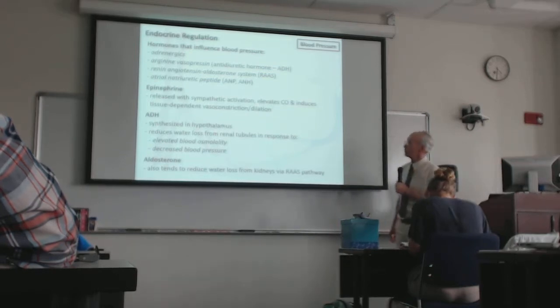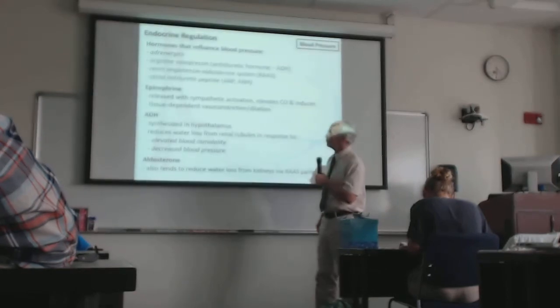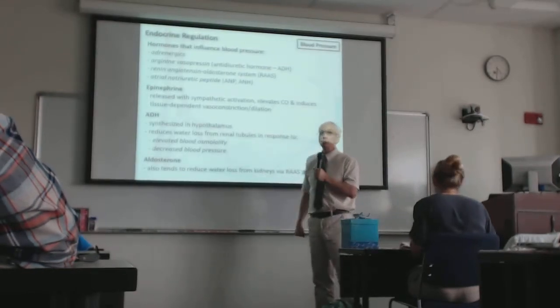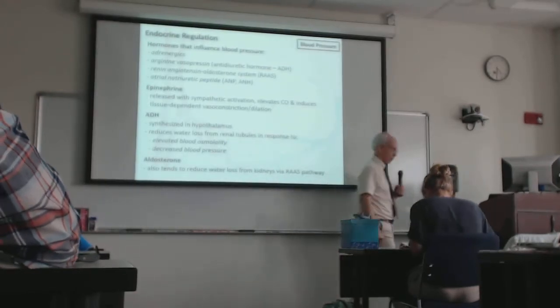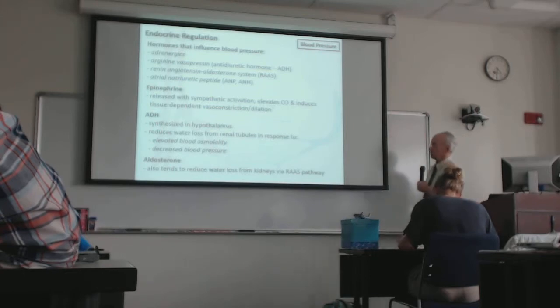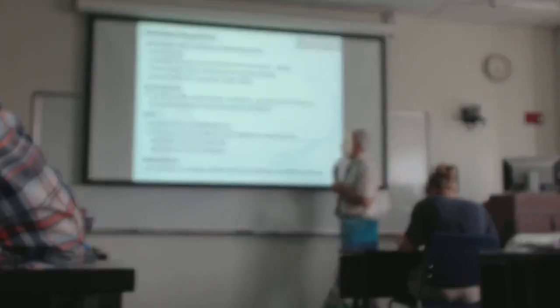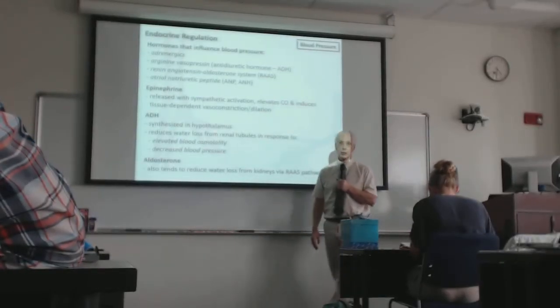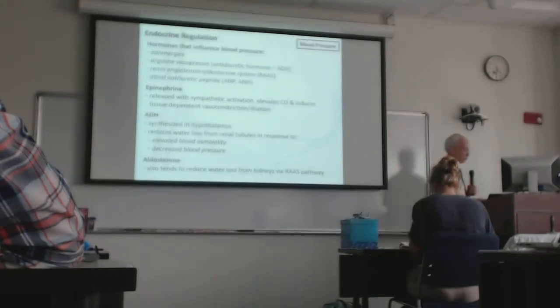I think this was a question on your test with respect to the ability of extrinsic factors such as hormones to regulate blood pressure. And in general, they do that by one of two mechanisms, either by changing blood volume or by changing vasomotor tone. In some cases, both.